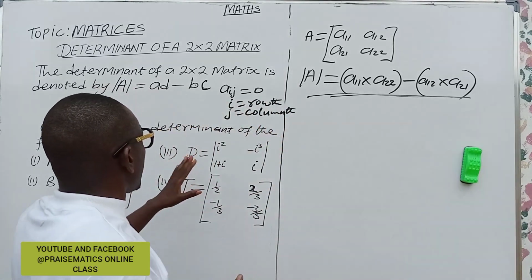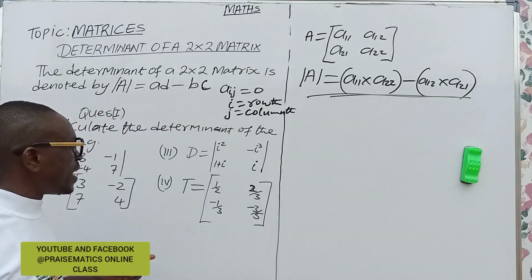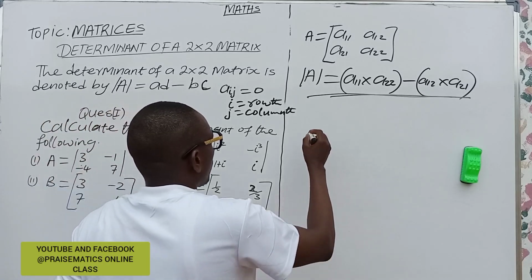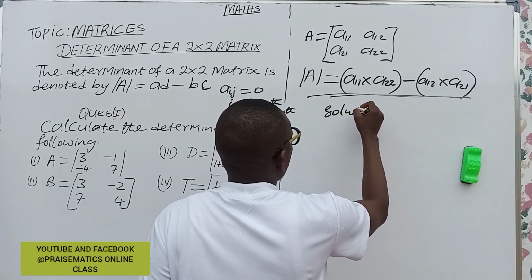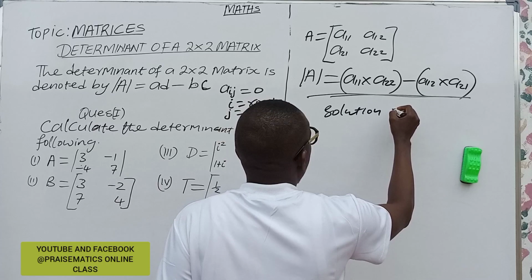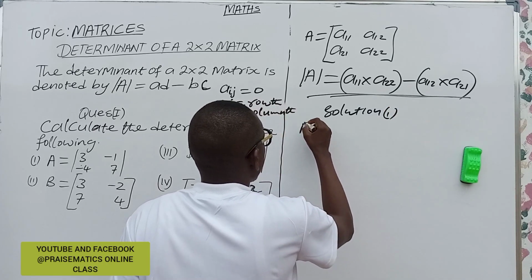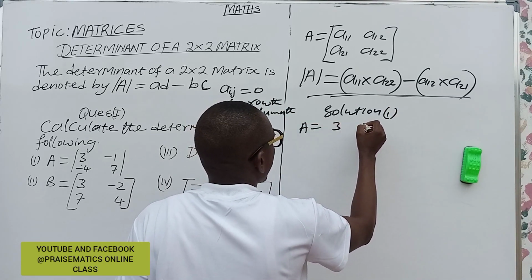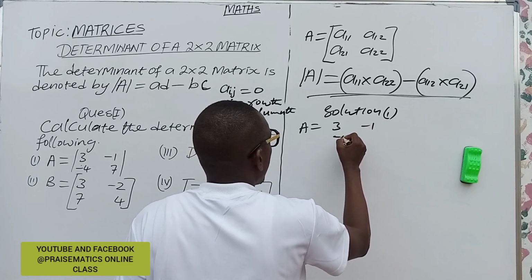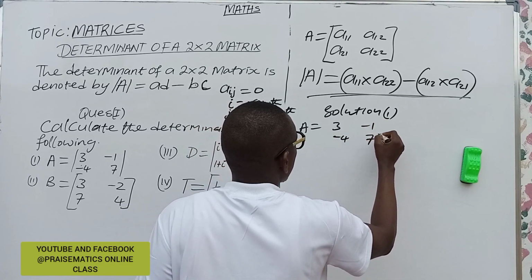Okay, in determinants, let's continue where we stopped. I hope you understand. They gave us this question to solve. Solution one. They say that A is equal to 3, minus 1, minus 4, 7.